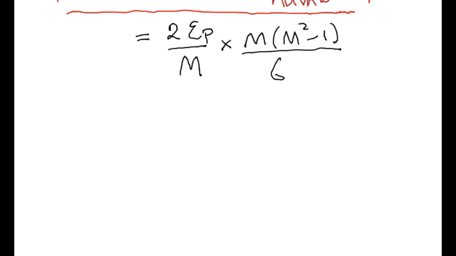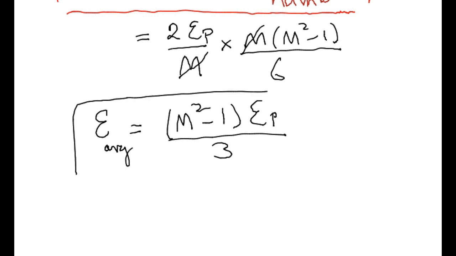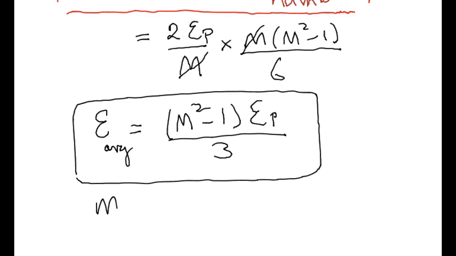So this is our sum, and this can now be expressed as M square minus 1 times E_p over 3, after you cancel terms out. This is the average energy, the expression for the average symbol energy in M-ary PAM. This is the average symbol energy for M-ary PAM.